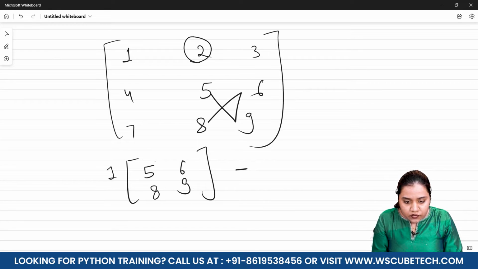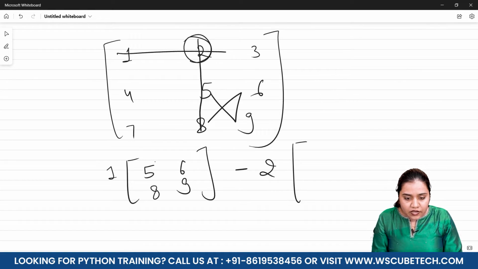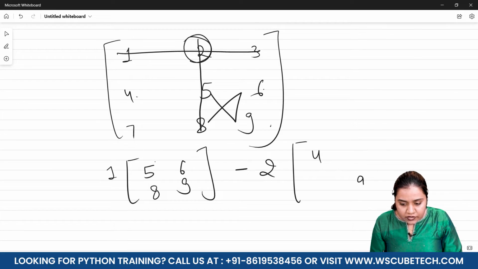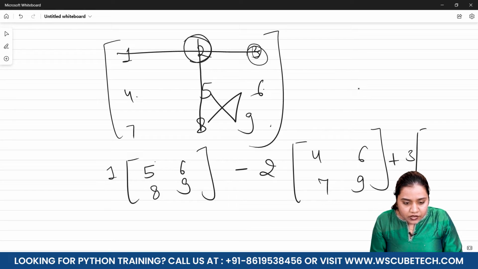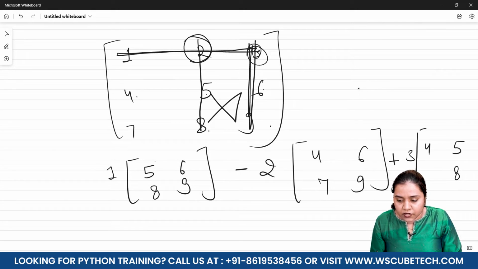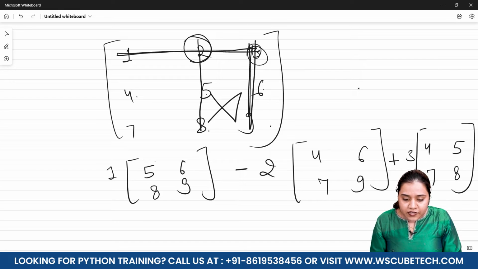Minus, we write the second element, which is 2, and here in the matrix we ignore its row and column, so we get 4, 9, 6, 7. So 4 times 9 minus 6 times 7. Plus 3, the next element, and this time we ignore the first row and this last column, and we have 4, 8, 5, 7. And then after calculating, whatever output we get is the determinant of the matrix.